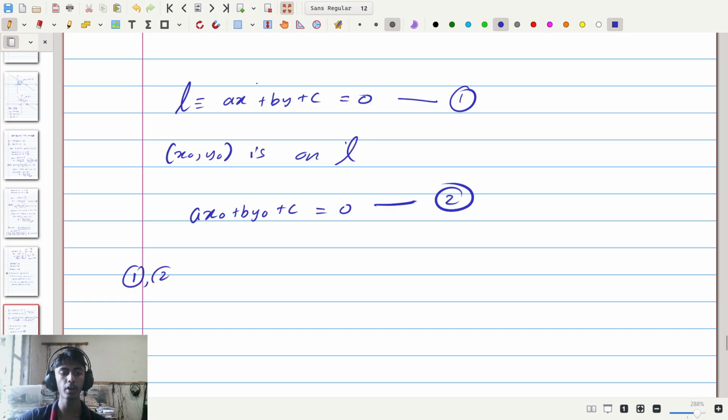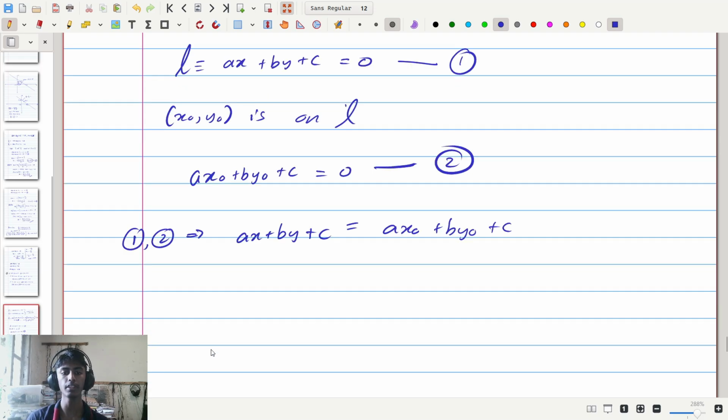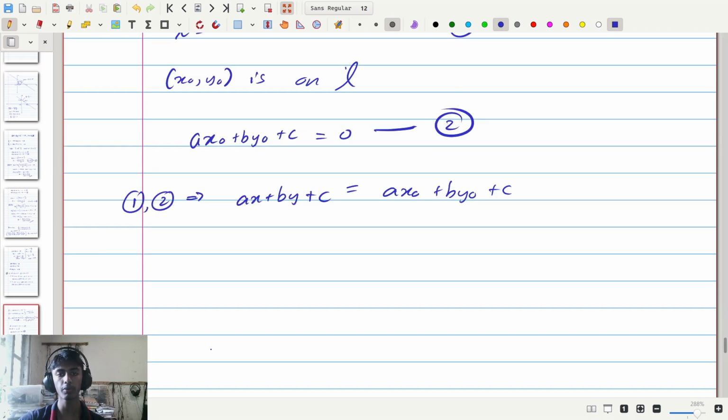From these two, 1 and 2, we can say that ax plus by plus c for some general x and y must be equal to ax0 plus by0 plus c for the specific x0 and y0 that we know are on this line. Given this, we can now rearrange this. What we're going to do is cut the two c's, the plus c and the plus c.